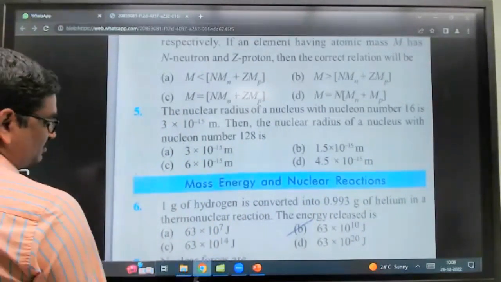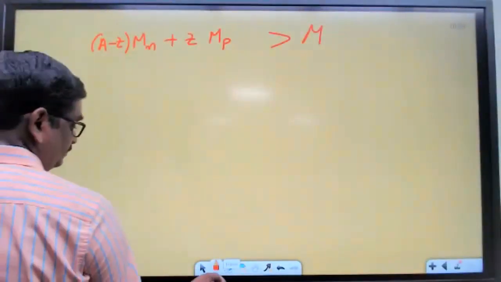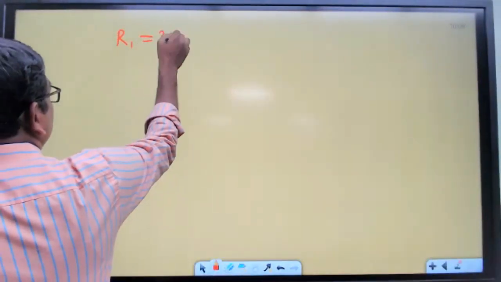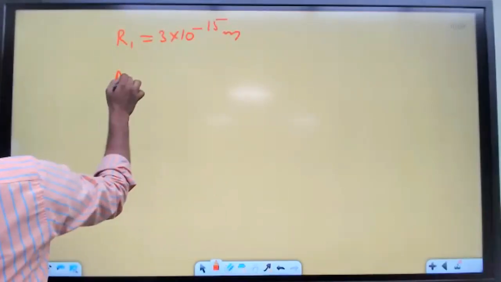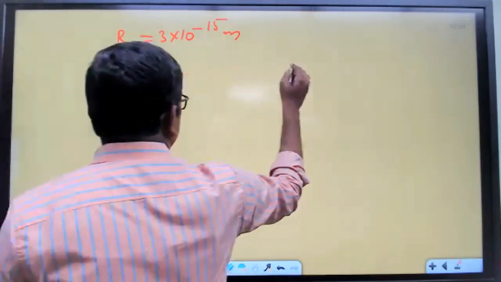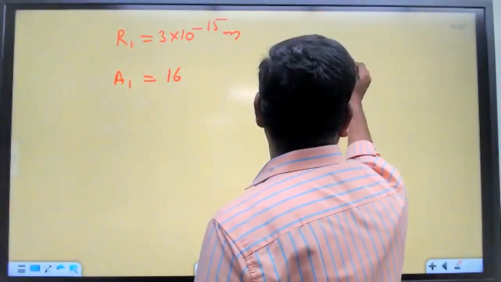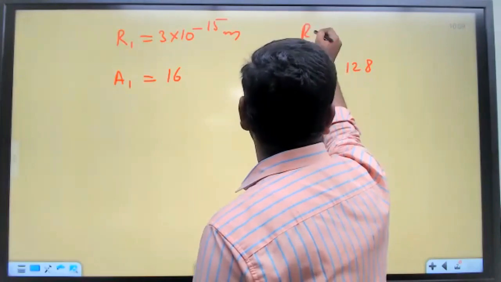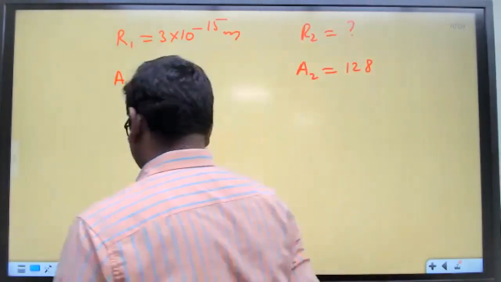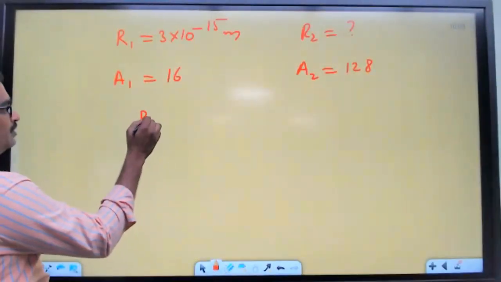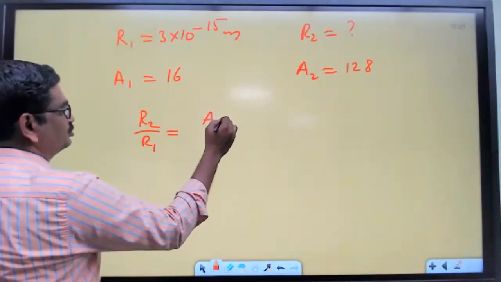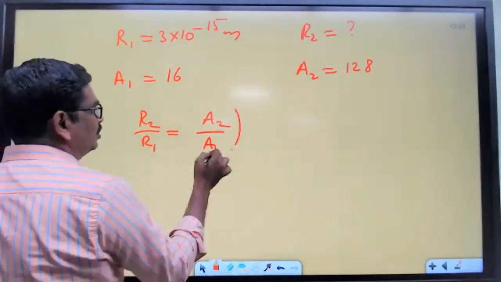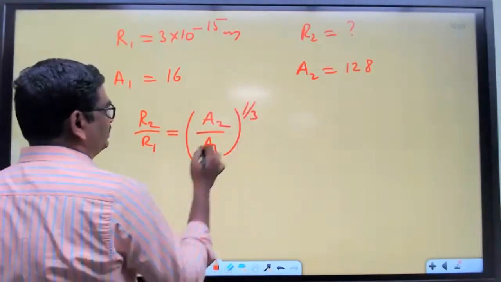Now R1 is how much from the given data? Radius of the first one is R1 equal to 3 into 10 power minus 15 meter. A1 is 16, A2 is 128, R2 we need to calculate. Then R2 by R1 can be written as A2 by A1 whole power 1 by 3.